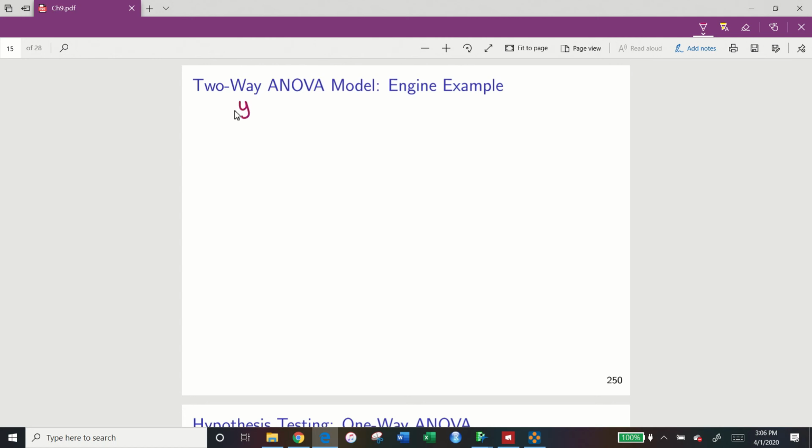So we are going to say that Yijk is equal to mu plus alpha i plus gamma j plus alpha times gamma ij plus epsilon ijk, where i is 1, 2 for 2 different engines, j is 1, 2, 3 for 3 different types of motor oil, and k is 1, 2, 3, 4, 5 for the number of observations per oil and engine level.